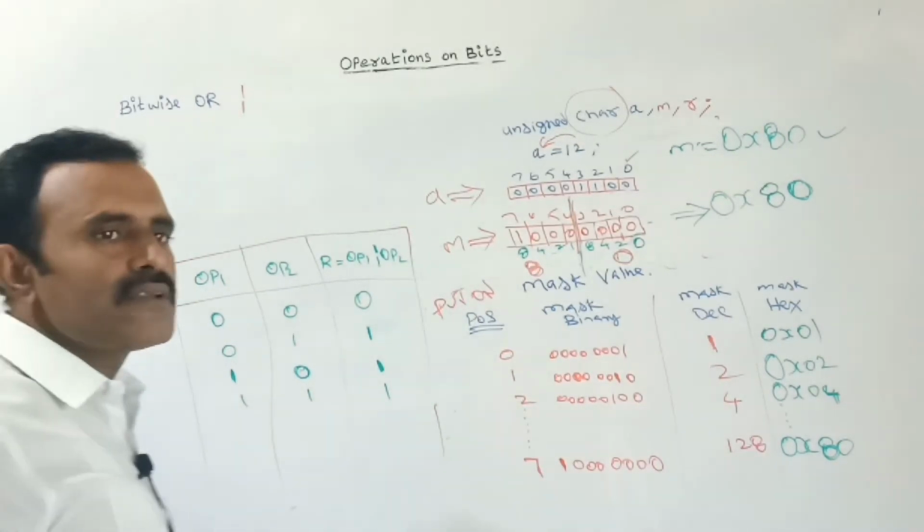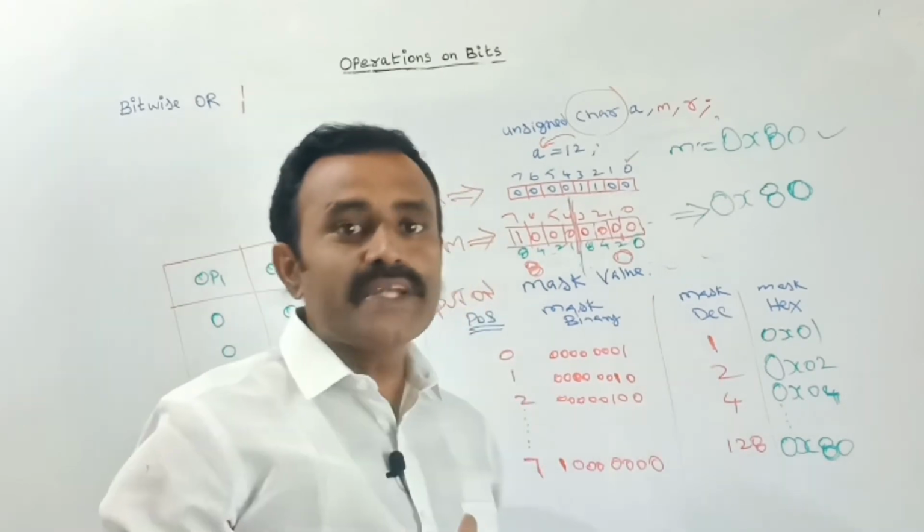Now let us see the program, showing how to turn on a particular bit by using the bitwise OR operator.